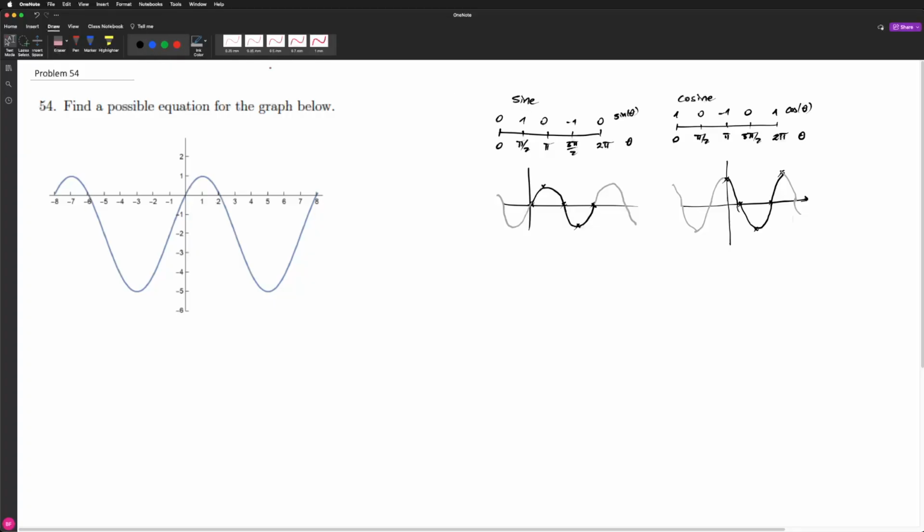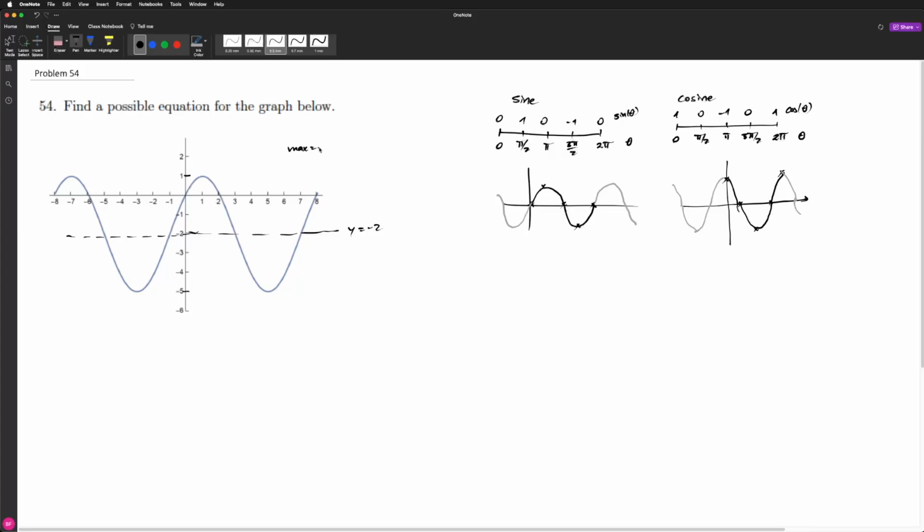Because of the cofunction properties and the periodicity, there will be multiple correct answers to this question. So just try to see a sine or cosine shape in this graph. What I see is the maximum is 1 and the minimum is -5. So the graph is oscillating between -5 and 1, which would put -2 in the middle, y equals -2.